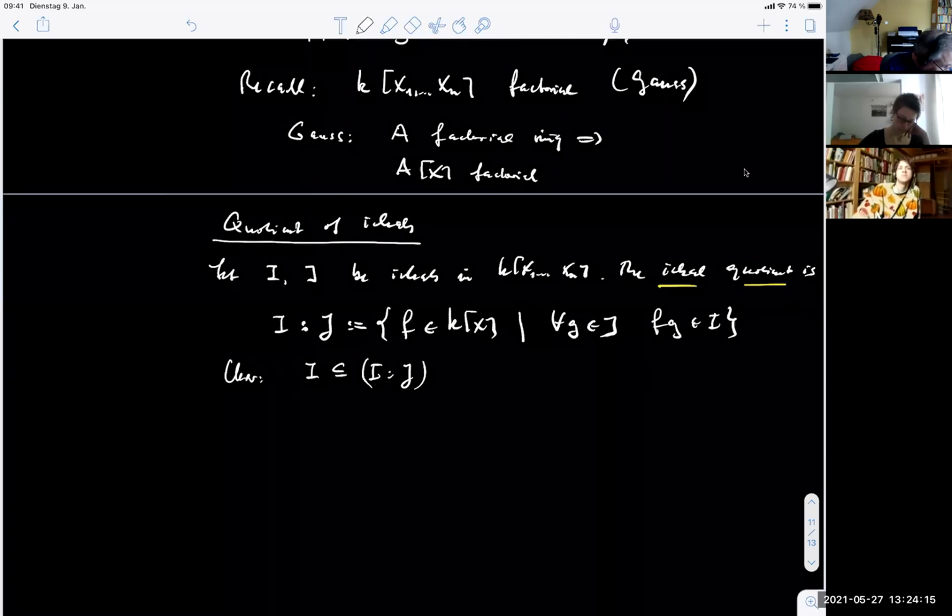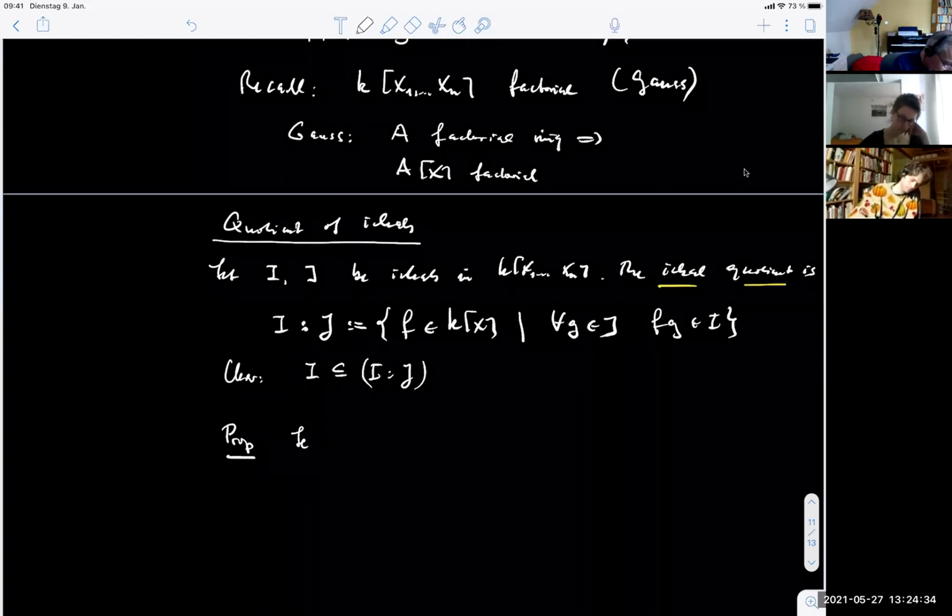The geometric meaning, maybe I tell you next time. Let's rather do this little proposition.